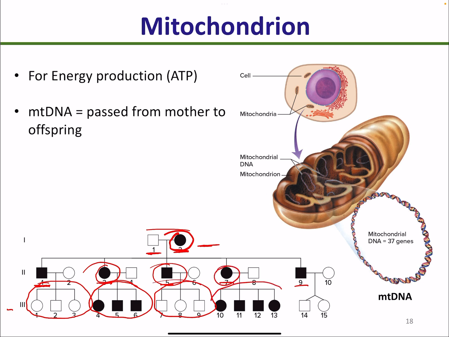The mom here, all children are affected. So this shows that mitochondrial DNA is a matter of transmission from mom to offspring. Dad doesn't transmit any mitochondrial DNA to offspring, right?